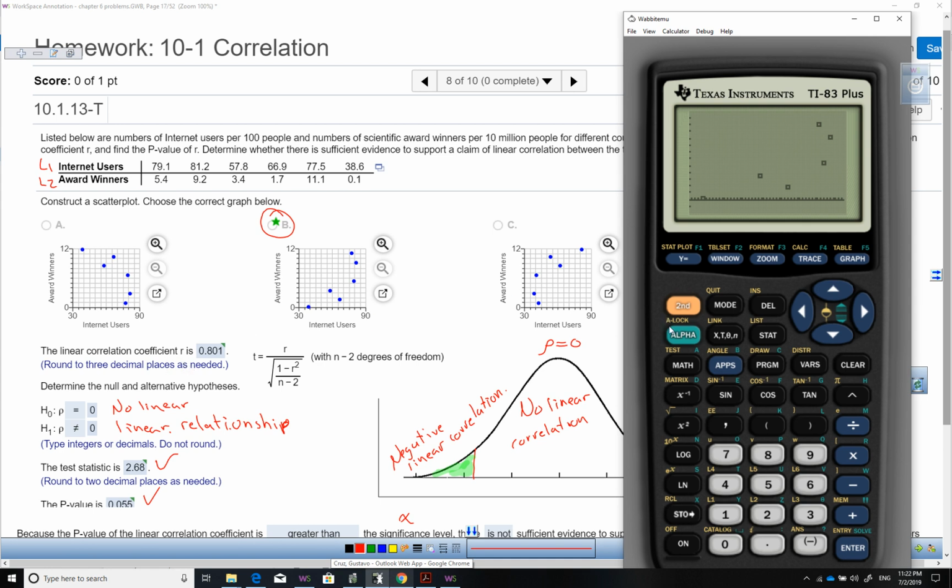Well, for this, you need to set the diagnostic on the calculator. That's important. To do this, you press second, 0. And you have to go all the way down to the letter D. This goes in alphabetic order.